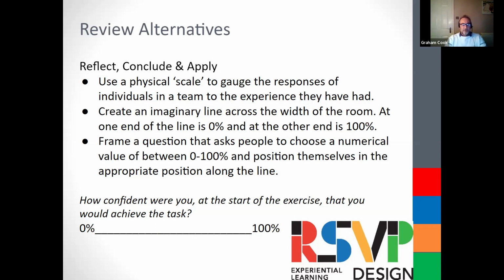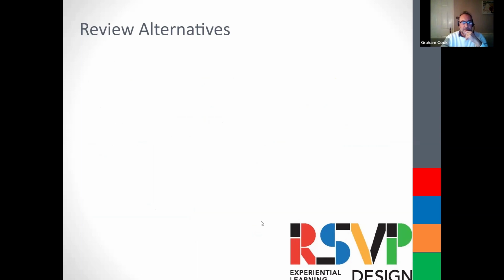For example, it might be how confident were you at the start of the exercise that you would achieve the task. And I'm sure you can pull out lots of questions from that. It allows people a bit of movement, apart from anything else, as sometimes review areas can be quite sedentary, people sitting around talking, whereas maybe you want to get them a little bit more mobile and up and out of their chairs.